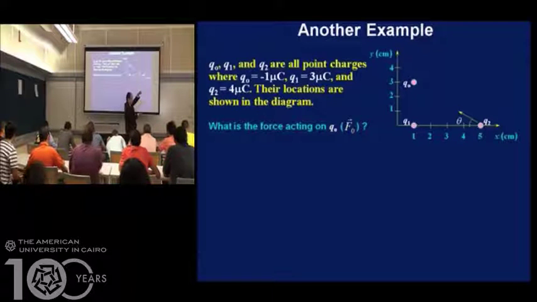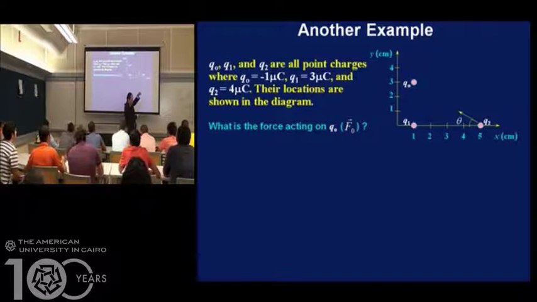Q1 is a positive charge. So what will be the direction of the force from Q1 on Q0? What kind of force are we going to have? It's an attractive force. So Q1 is going to pull Q0 in that direction. If Q0 is free to move, that's what's going to happen to it.